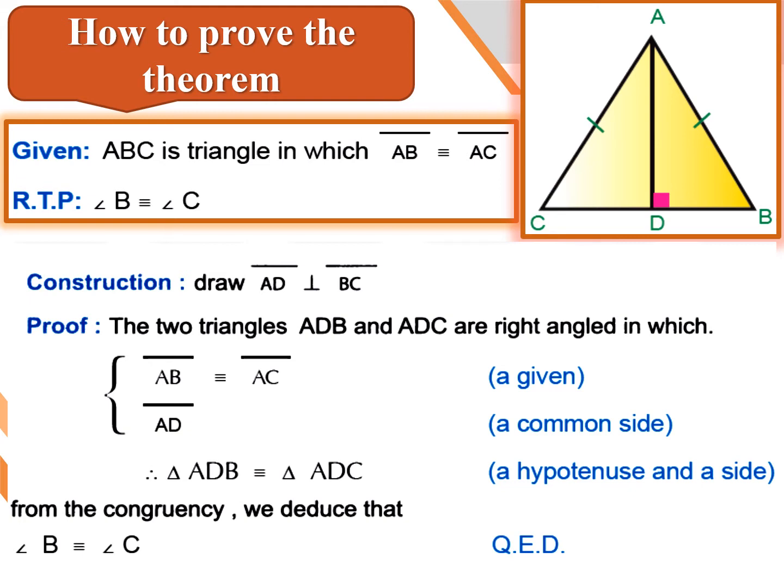Number three, AD is a common side. So the two triangles are congruent. Which case is this? Right angle, hypotenuse, side. So the two triangles are congruent, and we deduce that the measure of angle B equals the measure of angle C. So angle B is congruent to angle C.